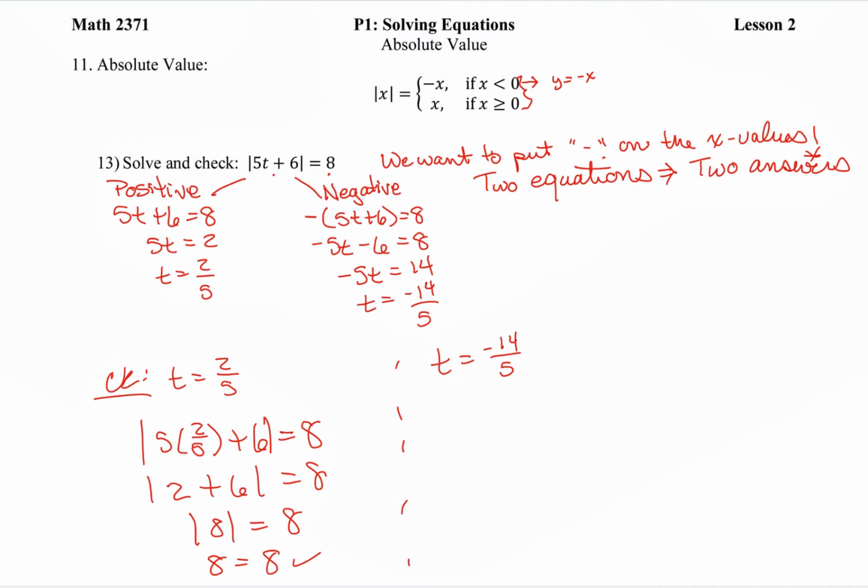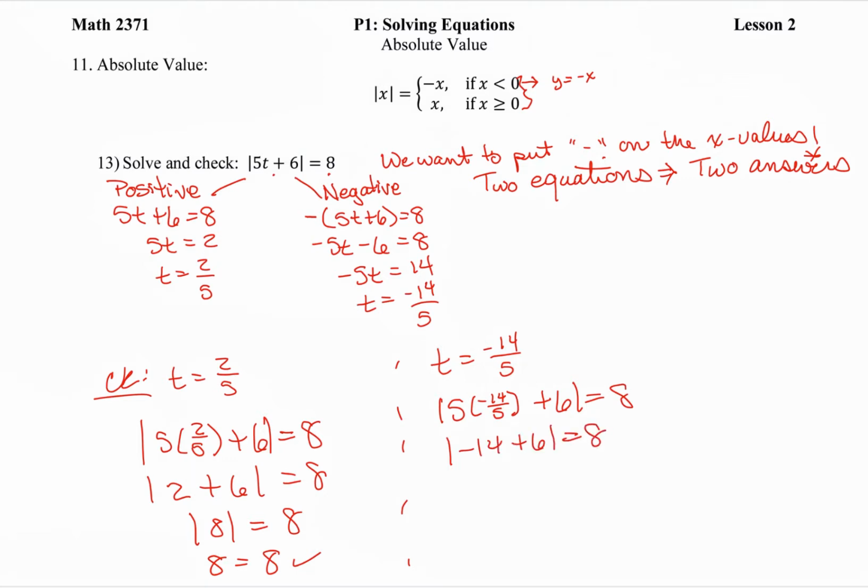Okay, so I'm going to put this in. So that's 5 times negative 14/5. Okay, negative 14/5 plus 6 equals 8. So that's the absolute value of negative 14 plus 6 equals 8.